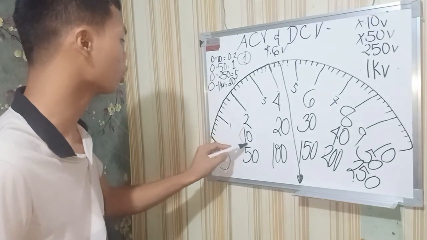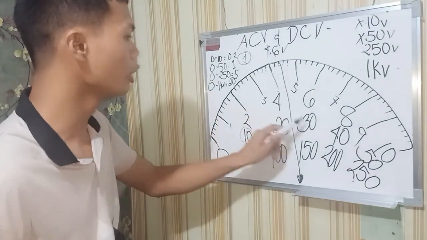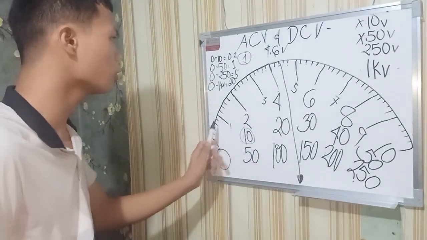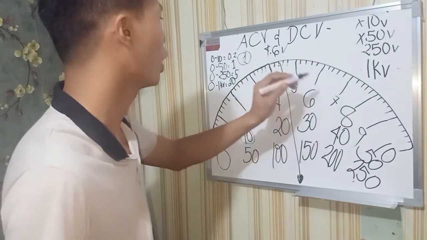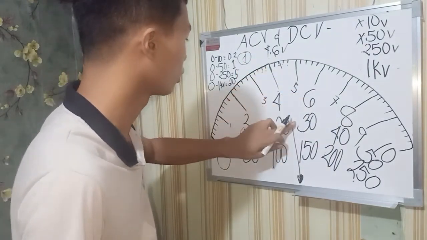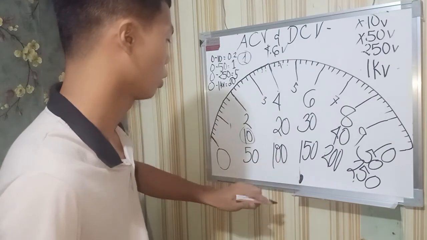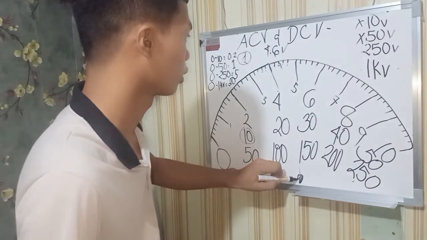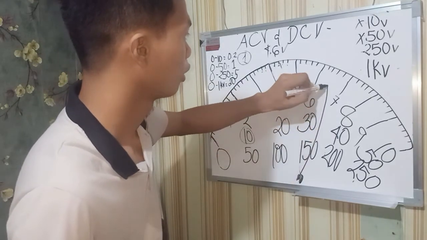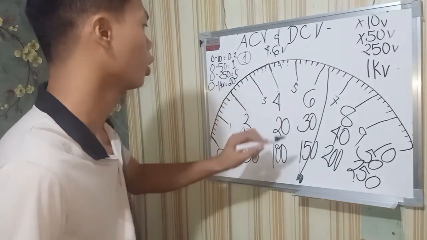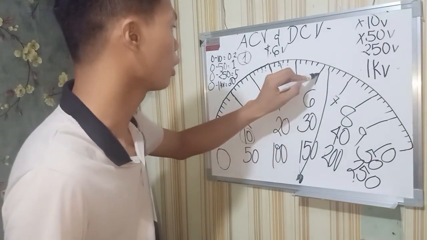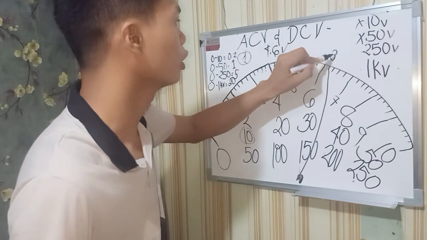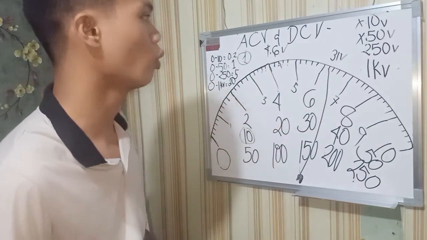So that is 10, until we reach 50. Each graduation continues by 1. If the pointer is pointing at this point, that is 30, 31. So that is 31 volt.